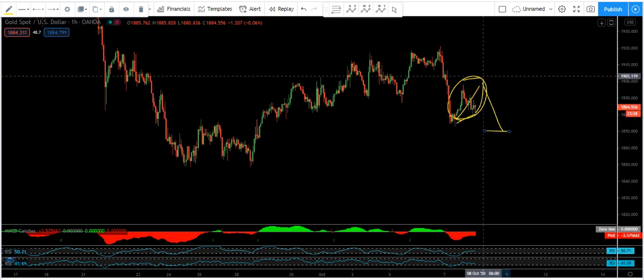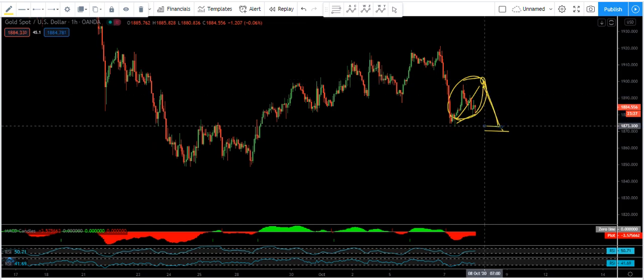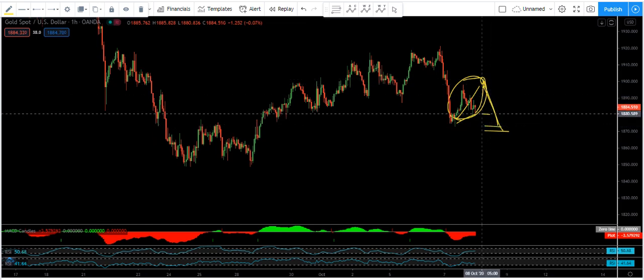If we want to trade this sell, we want to get the sell at least from this top or higher, and if the price comes to this low or somewhere around here, we need to know how to manage it.